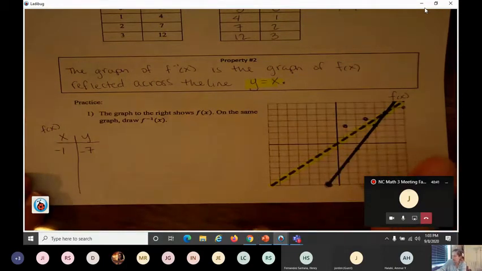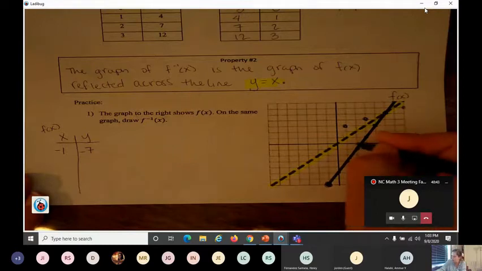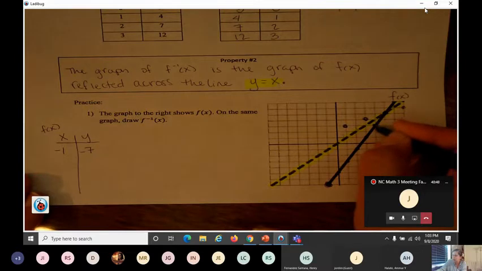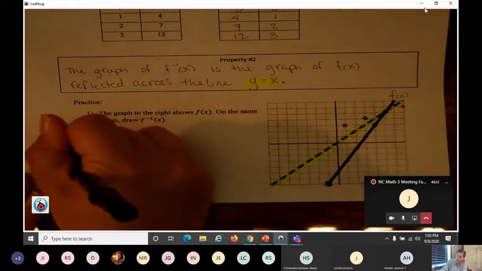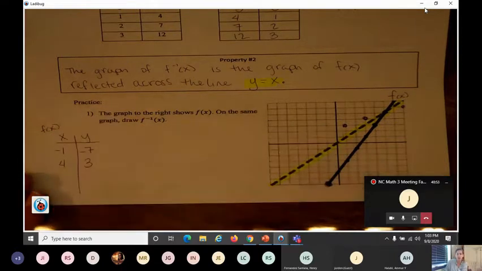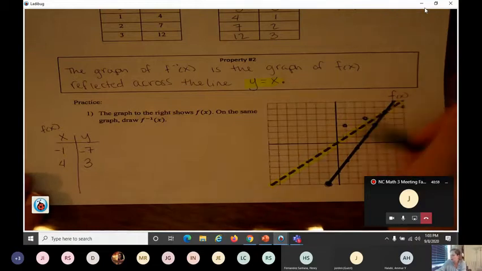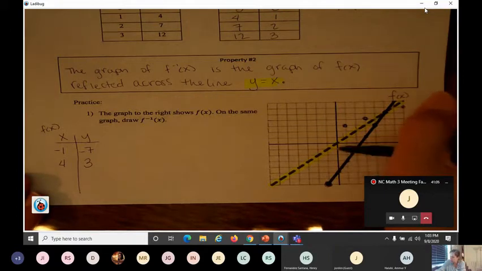I could look and see that 1, 2, 3, 4, 1, 2, 3 is a point on my graph. So 4, 3 is a point on my original. And then maybe if I go 0, let's see, 0, -5, 1, 2, 3, 4, 5, I have a point right here too.